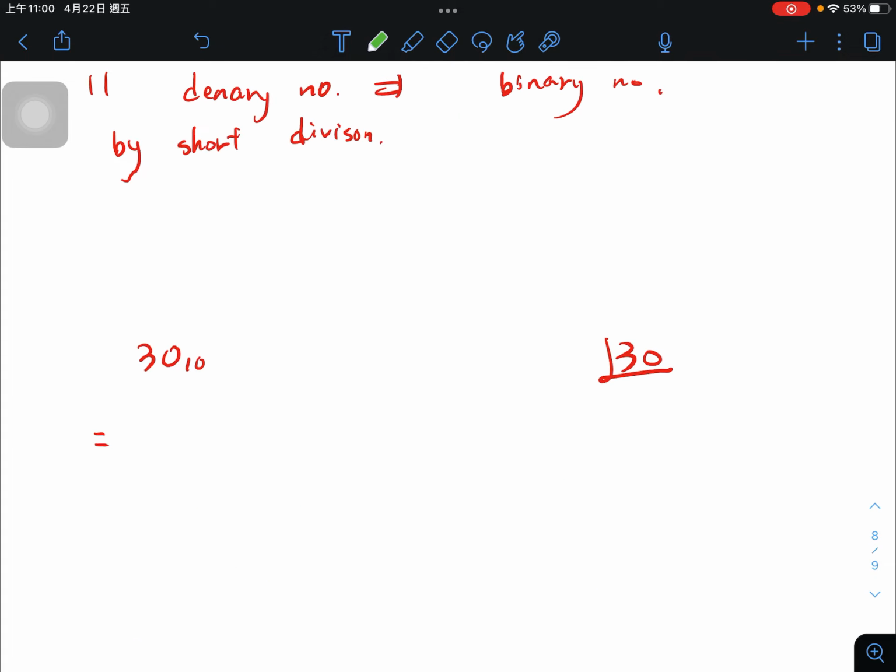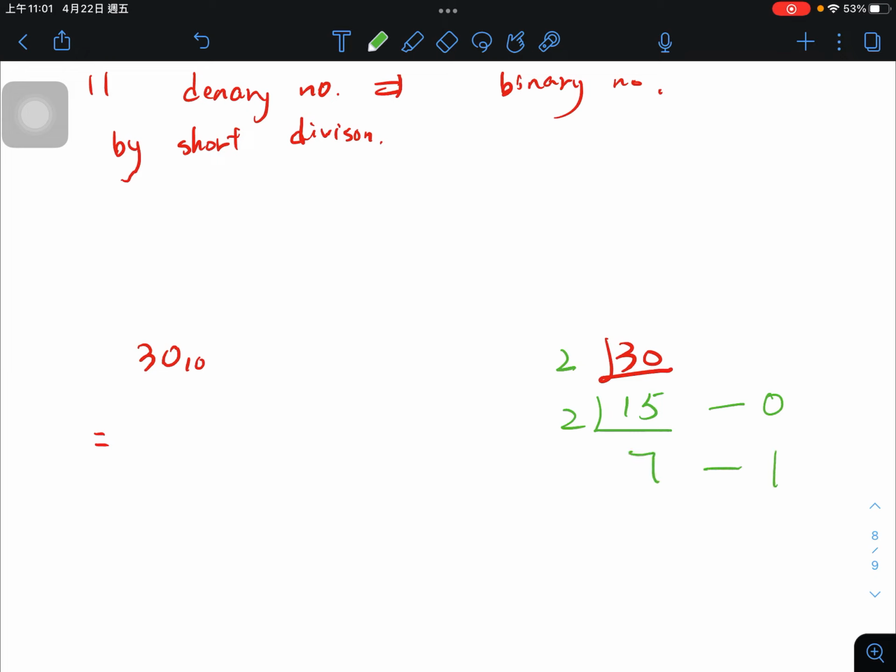Okay, so question 11. How about changing the decimal number to a binary number? It's a more difficult one because we need to use short division. I will just give you an example. 30. We must divide everything by 2. 30 divided by 2 equals 15, the remainder is 0. 15 divided by 2 equals 7, remainder is 1.